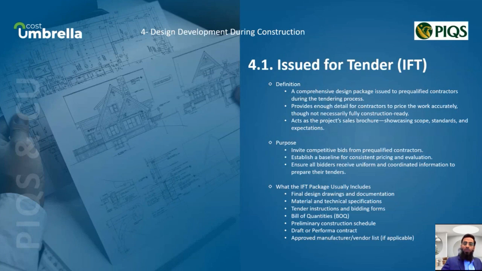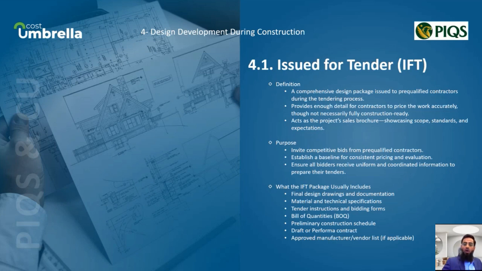A typical IFT package includes final design drawings and documentation, material and technical specifications, tender instructions and bidding forms, BOQ, a preliminary construction schedule, a draft or pro forma contract, and a list of approved manufacturers or vendors if applicable.